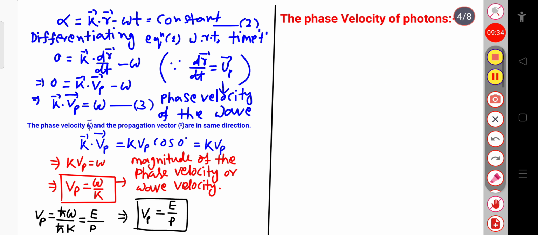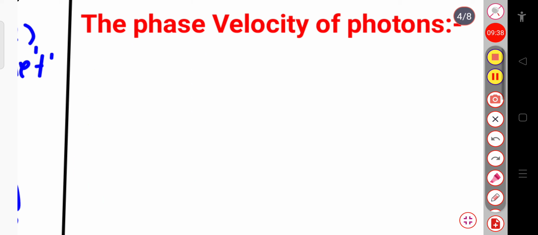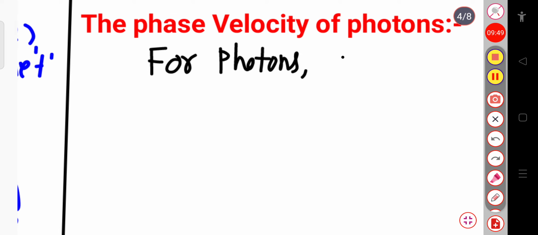Now we will calculate the phase velocity of the photons. For photons, we can write E equal to Pc, the energy equal to P into C, where P is the linear momentum and C is the velocity of light.